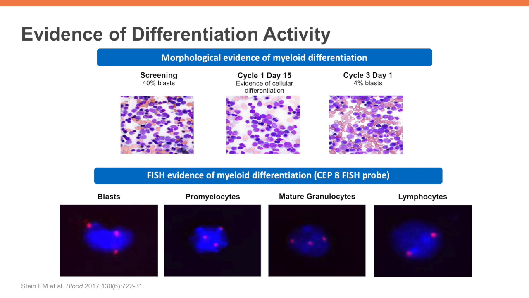And along the bottom, you can see that in this patient who had trisomy 8, the trisomy 8 abnormal cytogenetics that were present in the blasts are now present in that patient's mature granulocytes, consistent with a true maturation. Those abnormal leukemia cells have now turned into mature granulocytes, but they maintain the original cytogenetic abnormalities that are not present in the lymphocyte lineage.